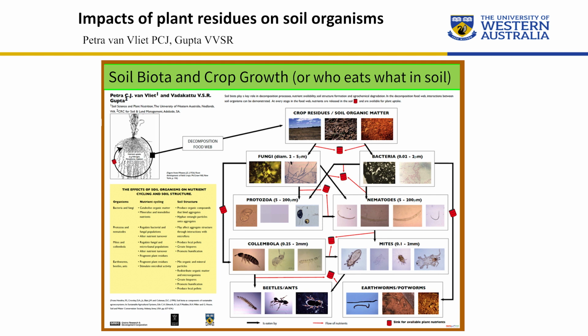So you've got the organic material either as the plant material or as exudates, kick-starting the bacteria and fungi, then all the other animals feed off this process down to the larger organisms. But it's a dynamic thing. It's not all going on at once. Different organisms are active at different times. And the little red buckets relate to the nutrients that are released from those processes of the interactions with the organisms.